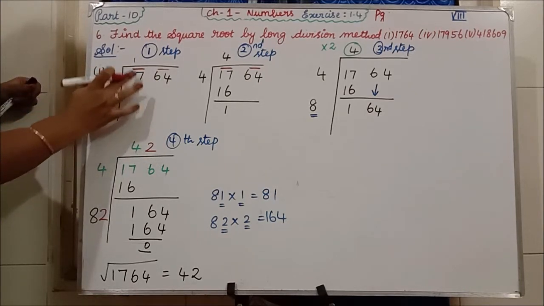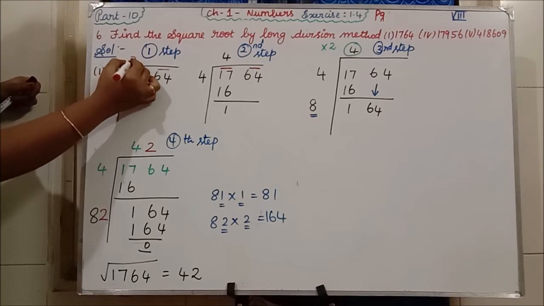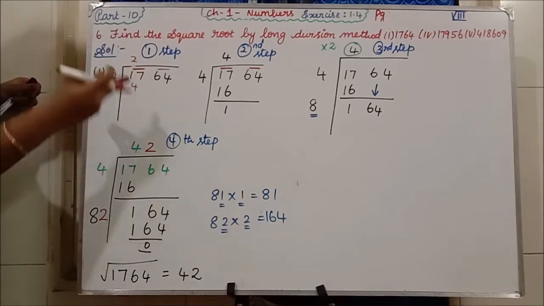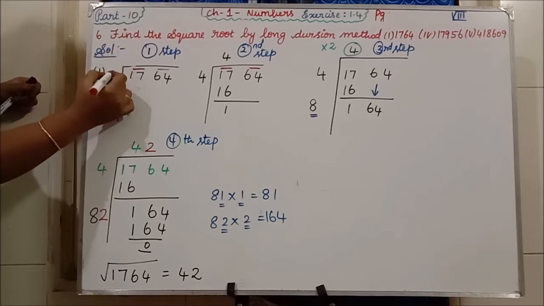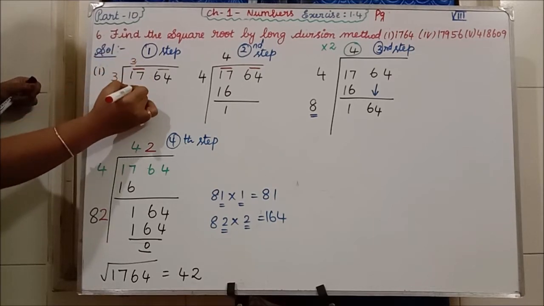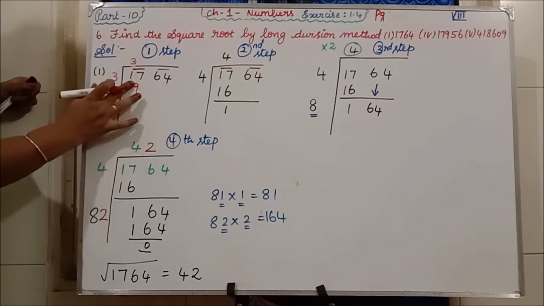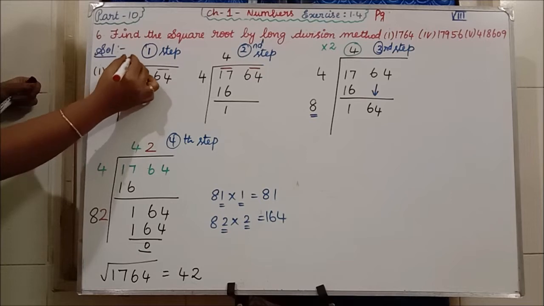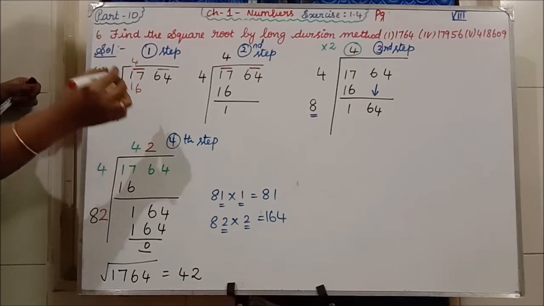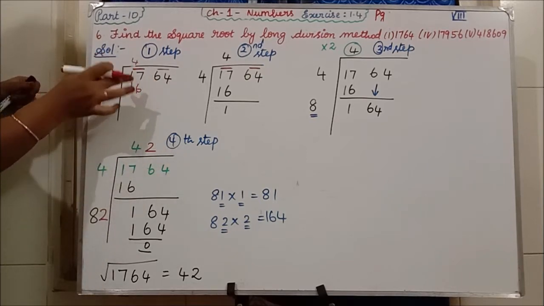No. Can I write 2 2? 2 twos are 4? No, it is still far from 17. Next, can I write 3 3? 3 threes are 9, but it is small, then we will go for 4 fours are 16. Still, it is coming near to this number.